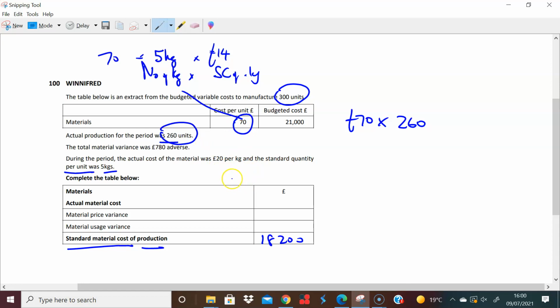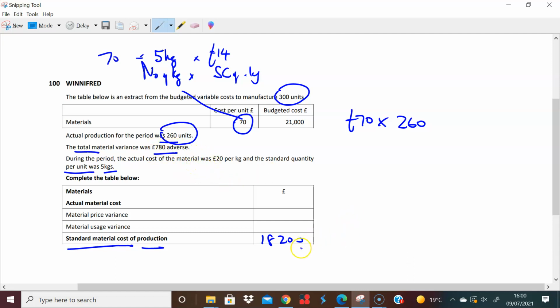It's all part of the fun, so to speak, for lack of a better word. So what we have here is that the question says the total material variance. So this is the standard cost of production. Total material variance. So it's telling me that we spent more than we should have by £780.